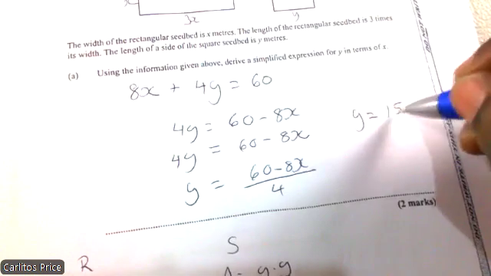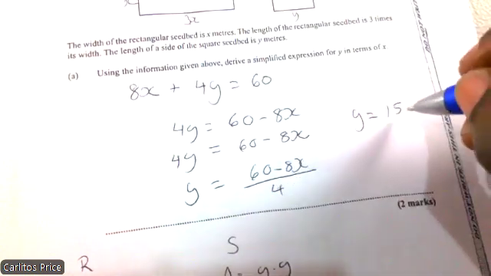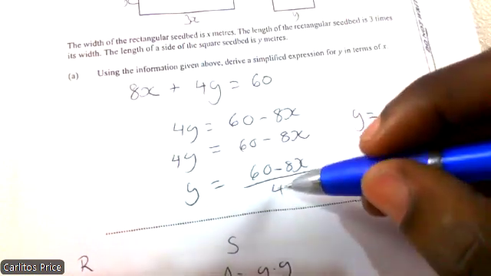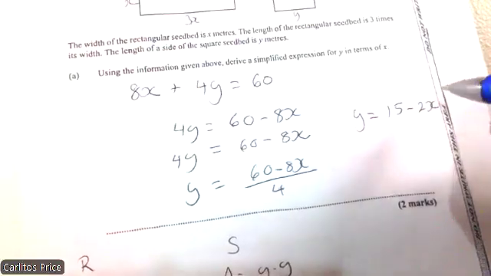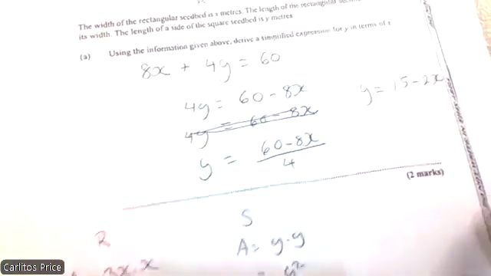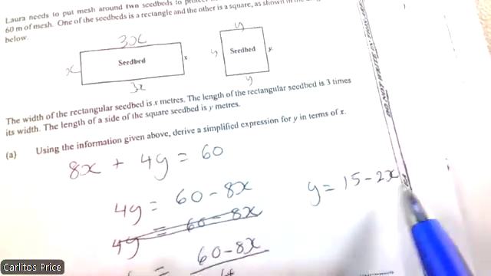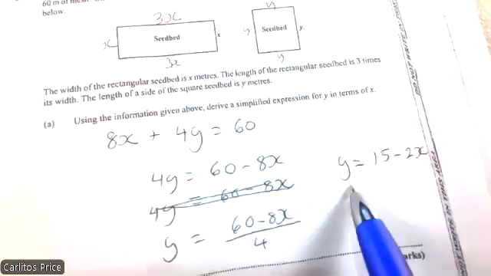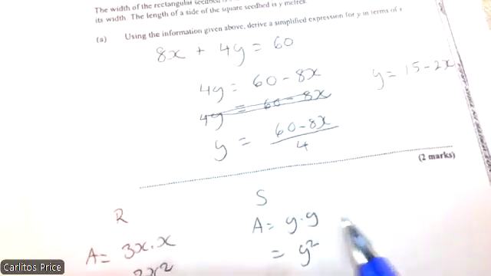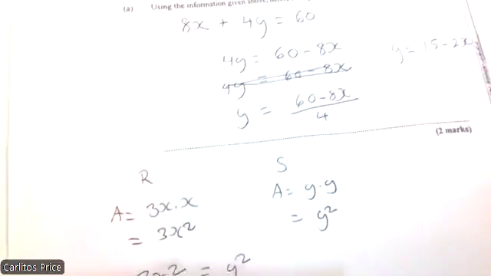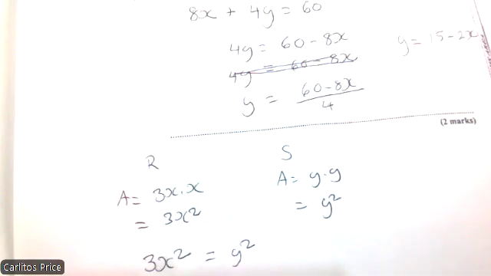So it becomes 15, since 60 divided by 4 is 15, and 8 divided by 4 is 2, so 2x. So now we know that y is equal to 15 take away 2x. We could substitute that into this equation.